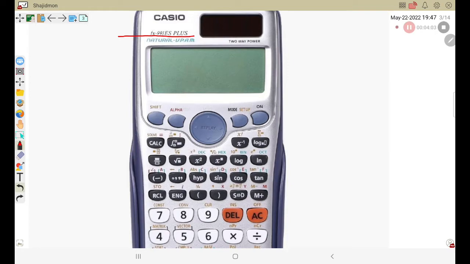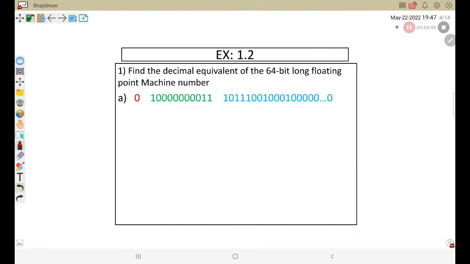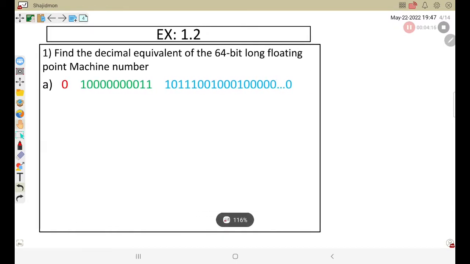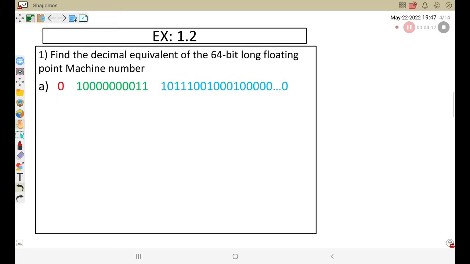Now we will go to the first question. Exercise 1.2, question number 1. Find the decimal equivalent of the 64-bit floating point machine number. I am underlining that word, decimal equivalent.